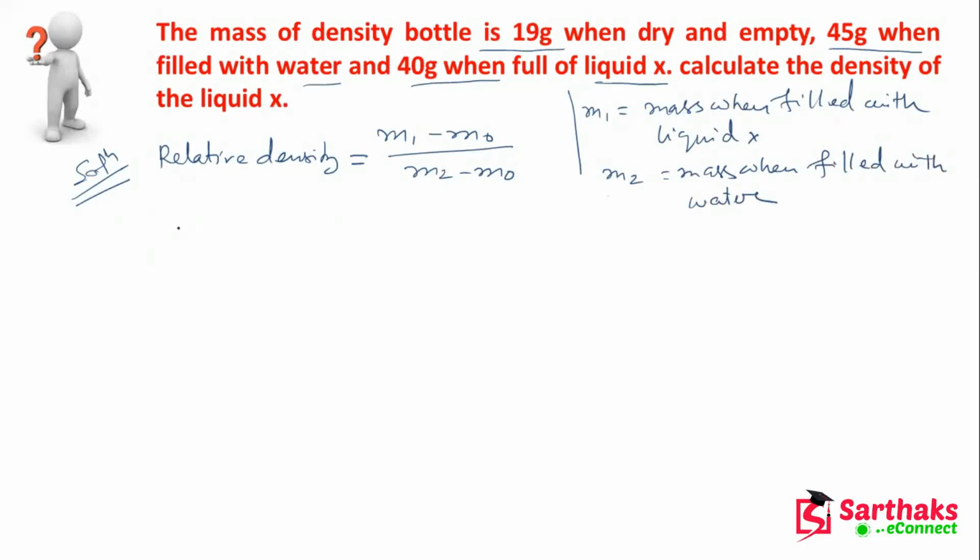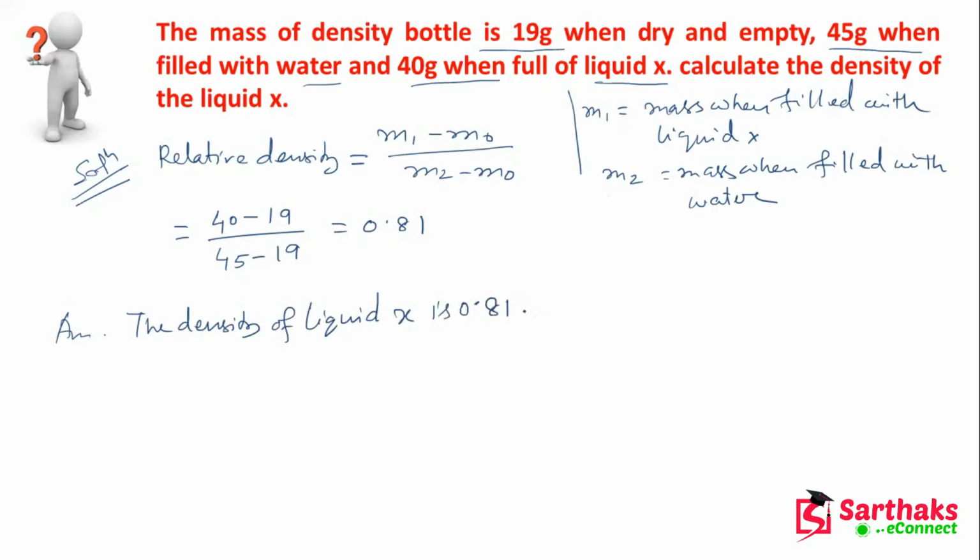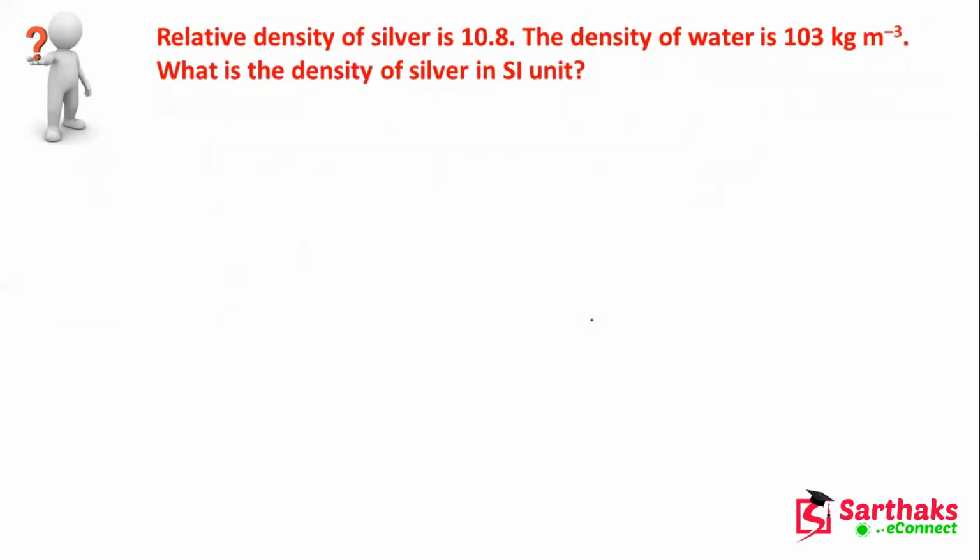So 40 minus 19 divided by 45 minus 19 is 0.81. So the density of liquid X is 0.81 gram per centimeter cube.